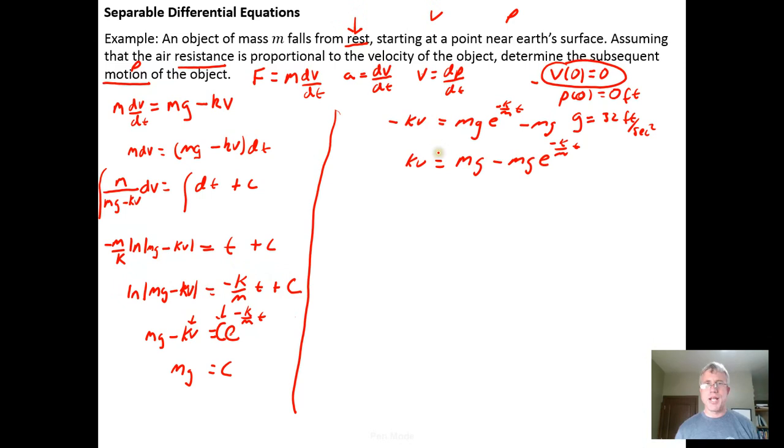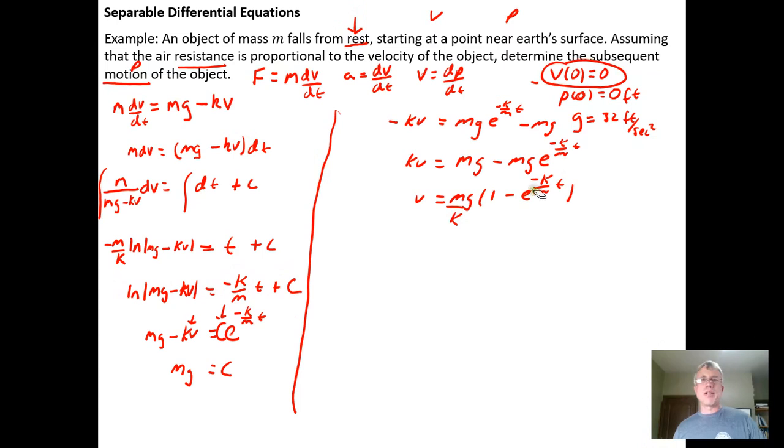So if I factor that mg out, I get mg times 1 minus e to the minus k over m times time. My hand's starting to cramp, so the k is getting hard to write. And this is kv here. And then I would just multiply both sides by 1 over k. So I'd get mg over k times that quantity equaling the velocity.